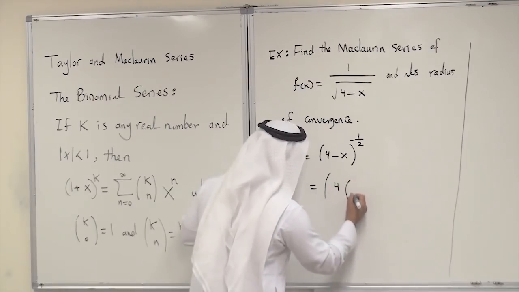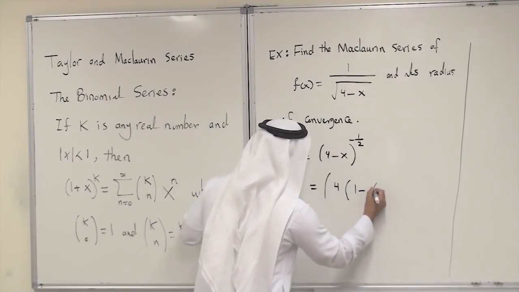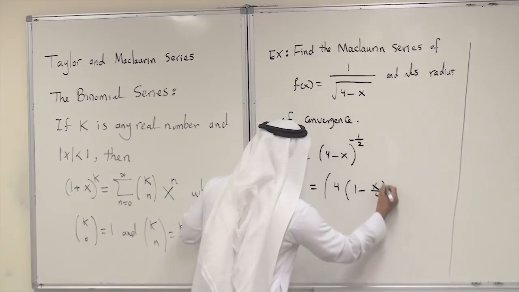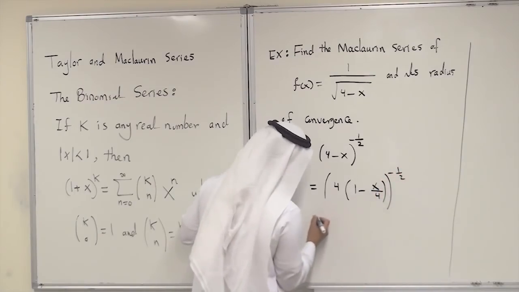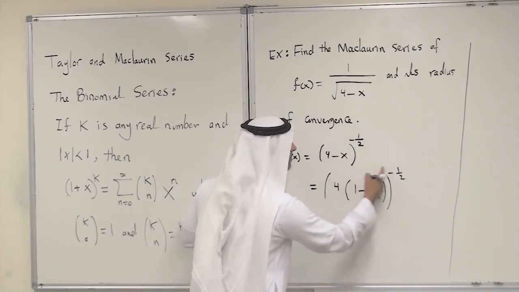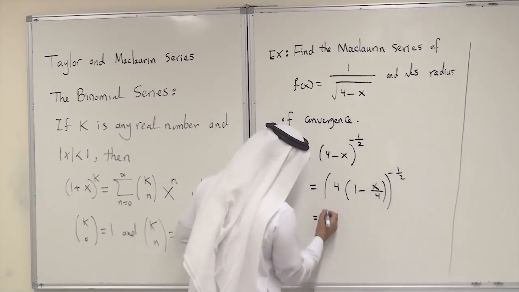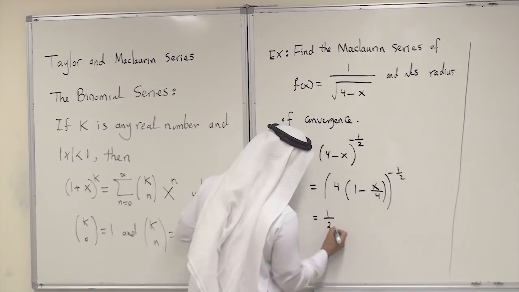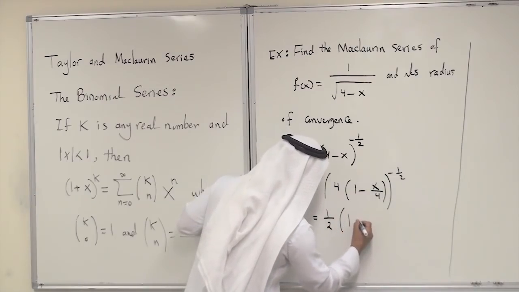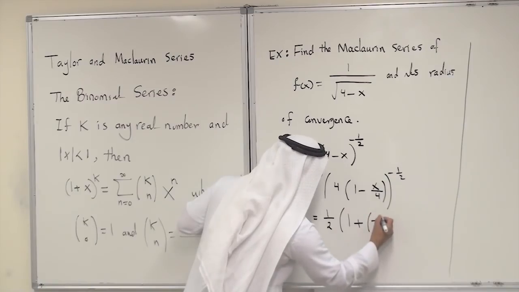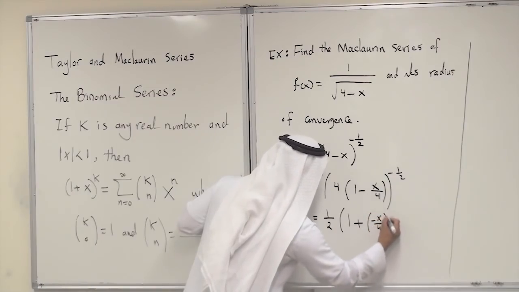What's remaining inside is 1 minus x over 4, all to the power minus 1/2. We have 4 to the power minus 1/2, which is actually 1/2, and we take it outside. Then we have 1 plus minus x over 4, all to the power minus 1/2.